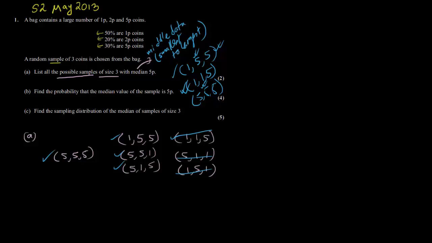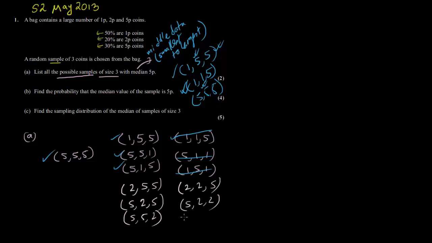We can do the same thing with 2. So when we have one 2 and two 5s, then it will be 5, 2, 5. It will be 5, 5, 2. Then we have two 2s. So 2, 2, 5. Then 5, 2, 2, then 2, 5, 2.